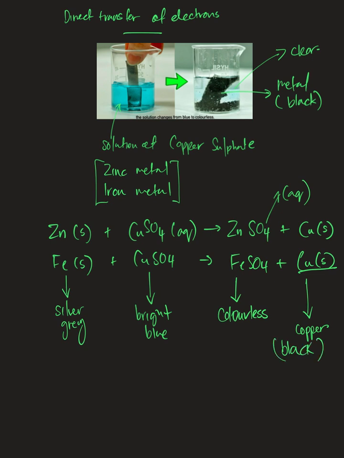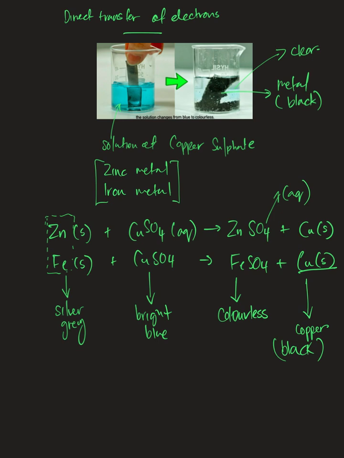Now from what we learned in grade 10, there would be an ion exchange. And when we talk about ion exchange, and you've done this recently with the types of reactions, you can see that these metals here, iron and zinc, are quite reactive.